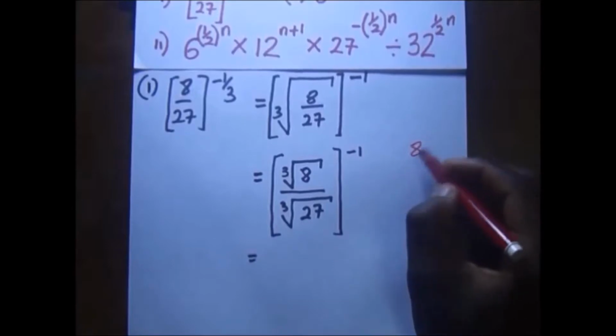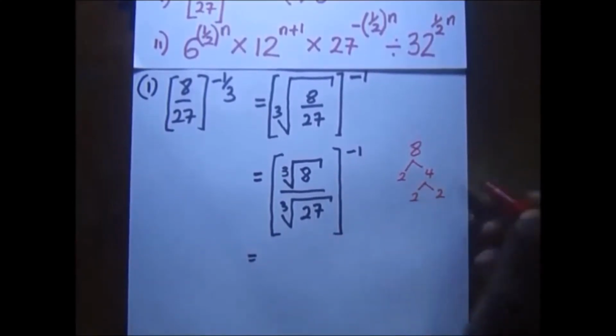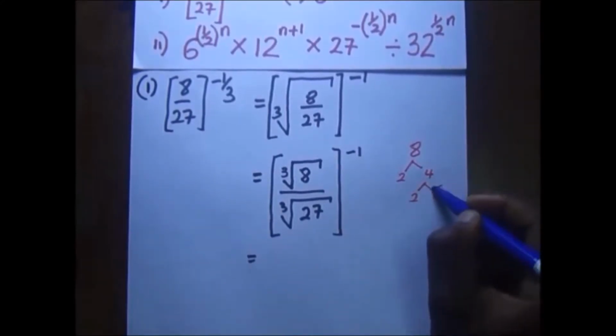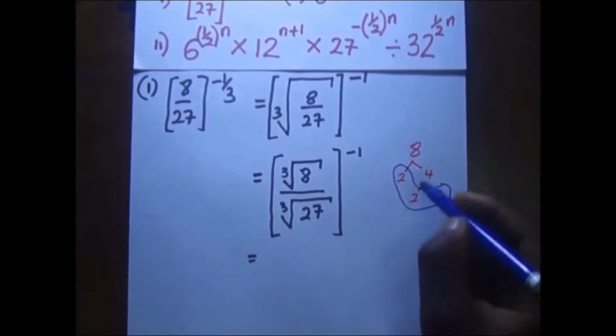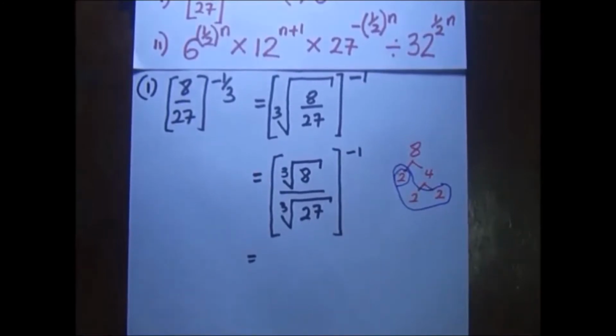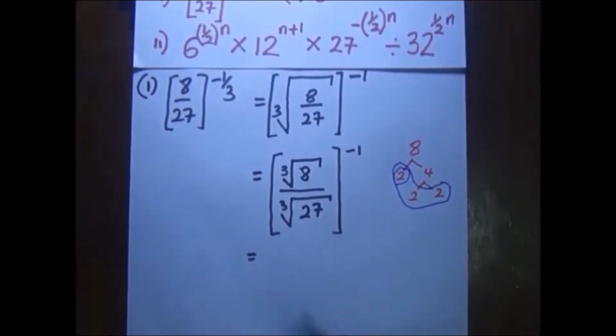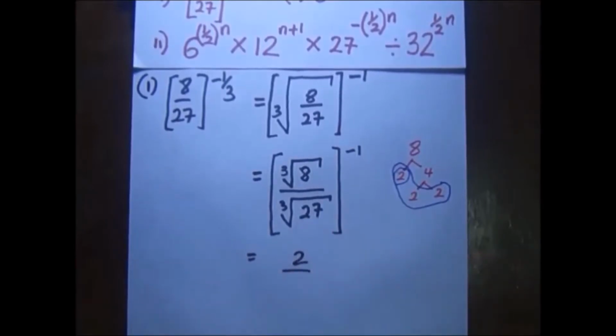Prime factorizing 8 by 2, you get 4, by 2, we get 2. After getting the 2's, we group them into 3 since we are looking for the third root. So there are 3 2's and we just pick out one 2. That's how we get the third root of 8. So the third root of 8 in that case is going to become 2 over, now let's first find the third root of 27.